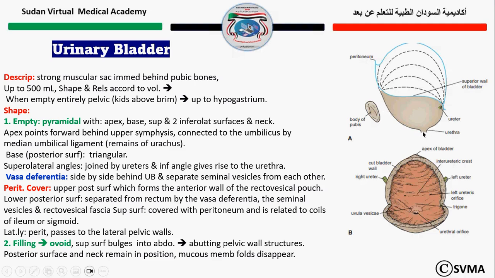The neck is the part before the urethra. The posterior part of the bladder is called the base, the posterior surface, the superior surface, and 2 infralateral surfaces. Is that clear? I want somebody to say yes, or say no, or say them.